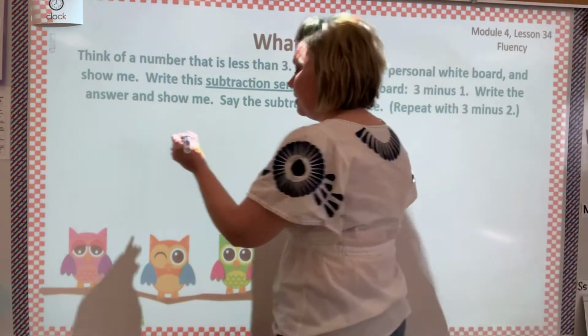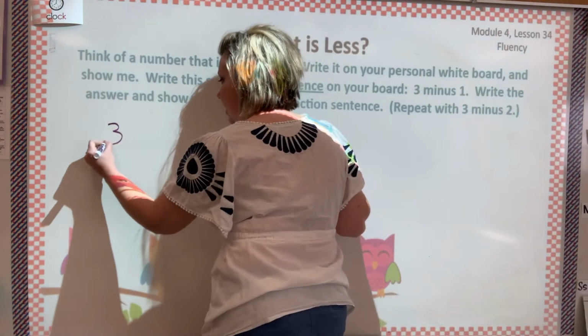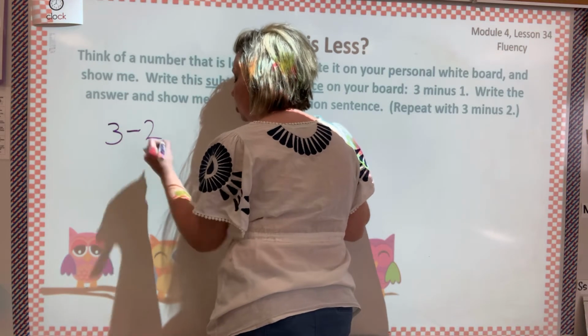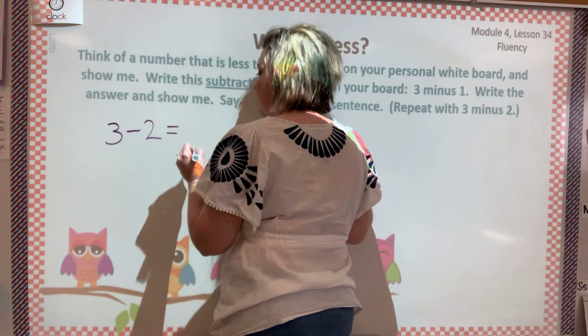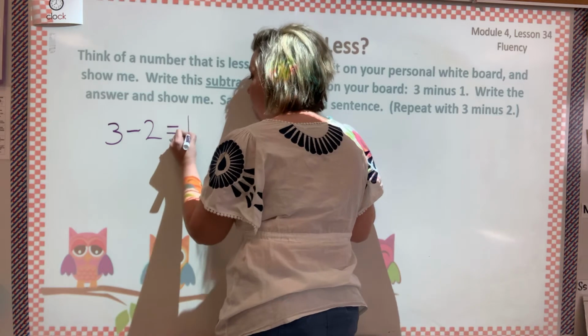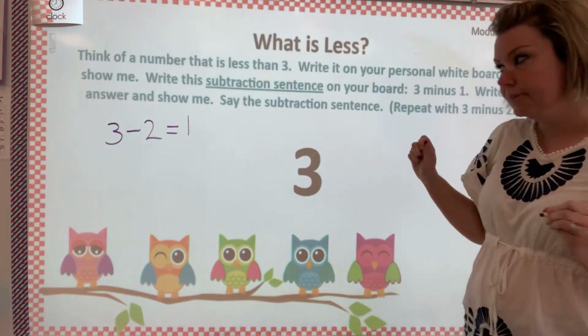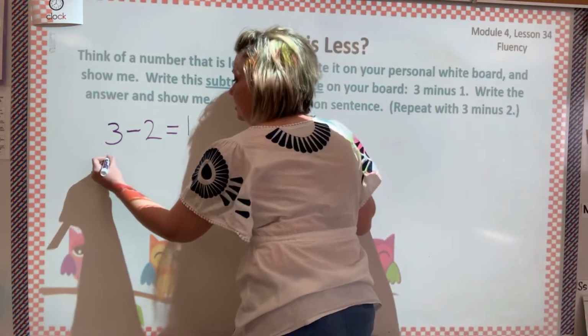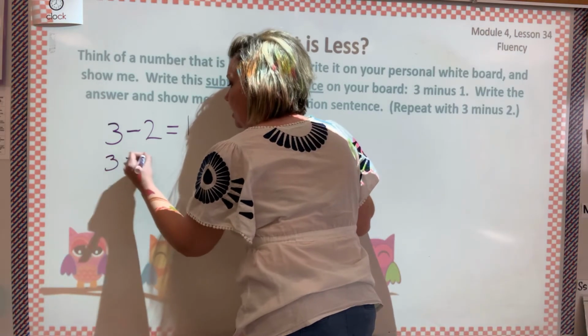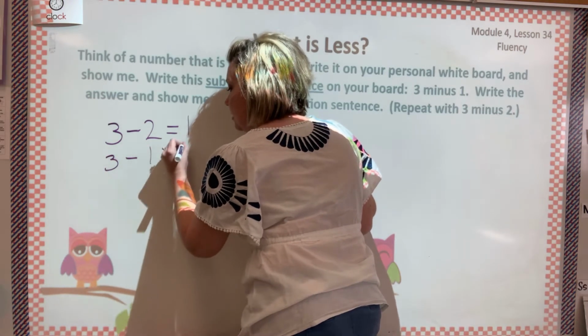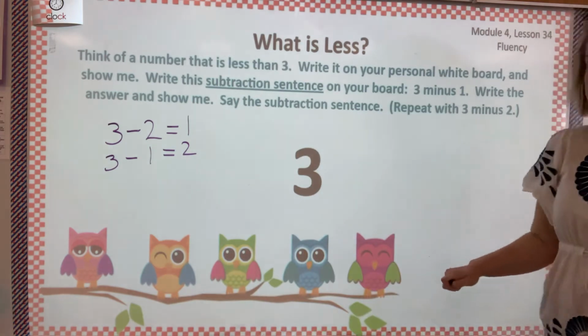So, I saw some friends do this. 3 take away 2 equals 1. I saw some friends put 3 take away 1 equals 2.